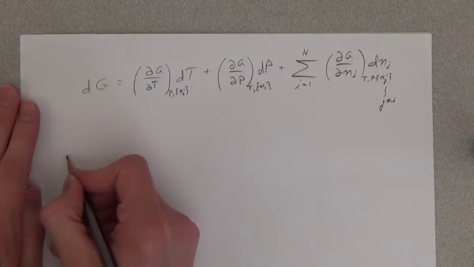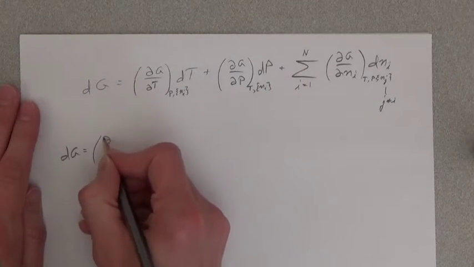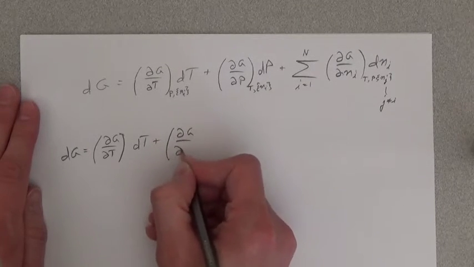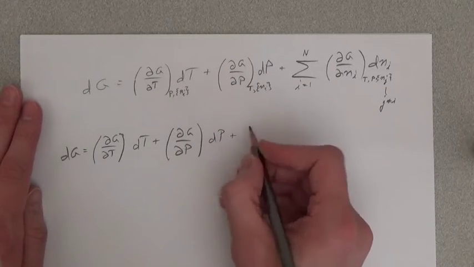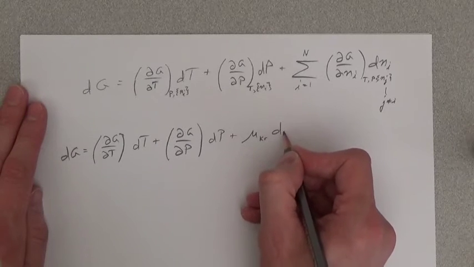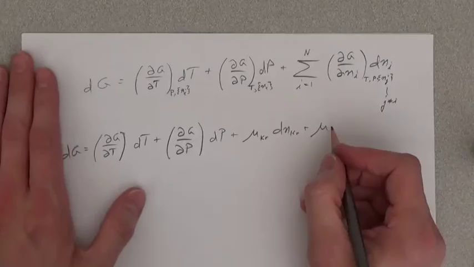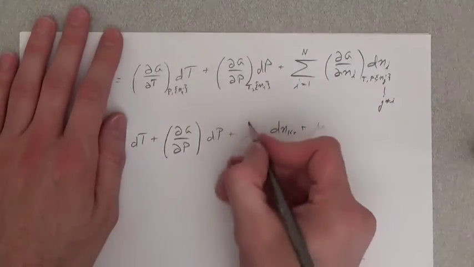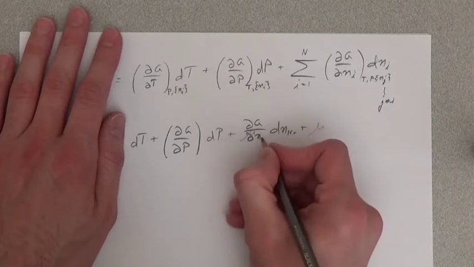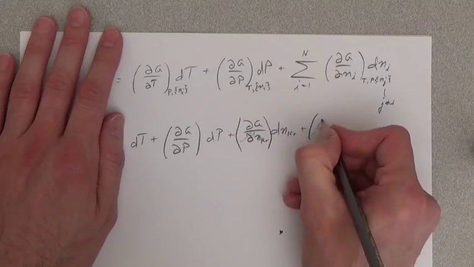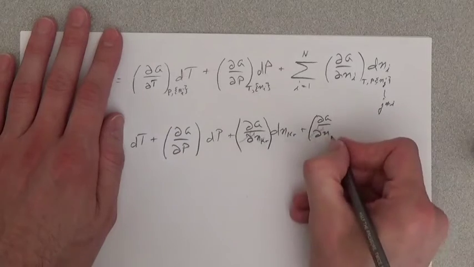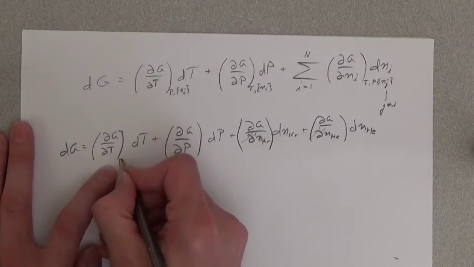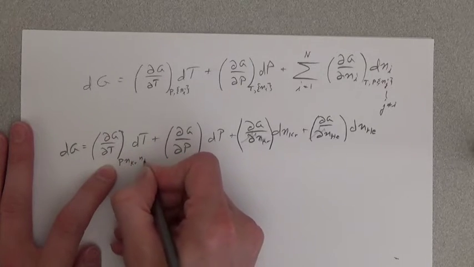Well, then we could write dG is equal to (∂G/∂T) dT plus (∂G/∂P) dP plus, sorry, I'm writing this out in differential form, (∂G/∂N_Kr) dN_Kr plus (∂G/∂N_He) dN_He, and this is being performed at constant pressure, N_Kr, N_He.